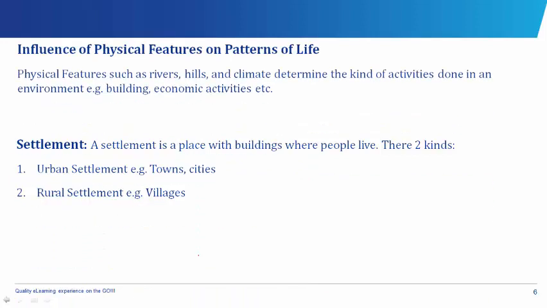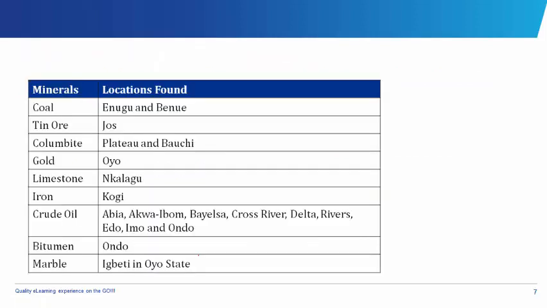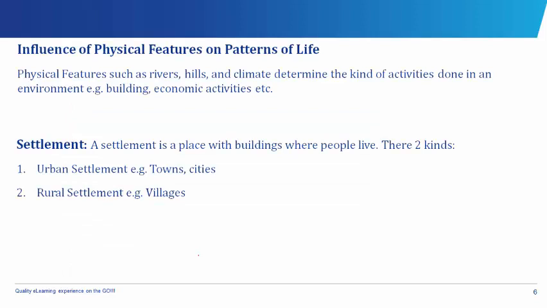Now, the environment we live in, the physical environment, has a significant impact on us, and we, as human beings, also have an impact on the environment. And the environment also determines how we live and our settlement. For example, people live close to the oceans because of the commercial activities that go on there.